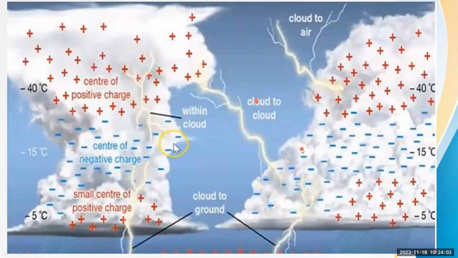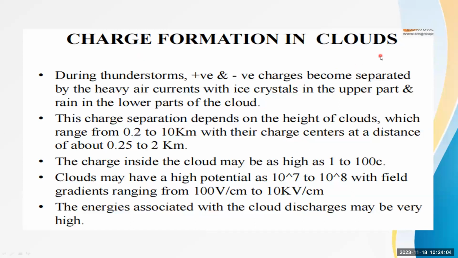Okay, lightning phenomena, and then charge formation in clouds. How charges form in the cloud we can understand by using different types of theories. First, this is the introduction regarding how charge formation happens in the clouds.